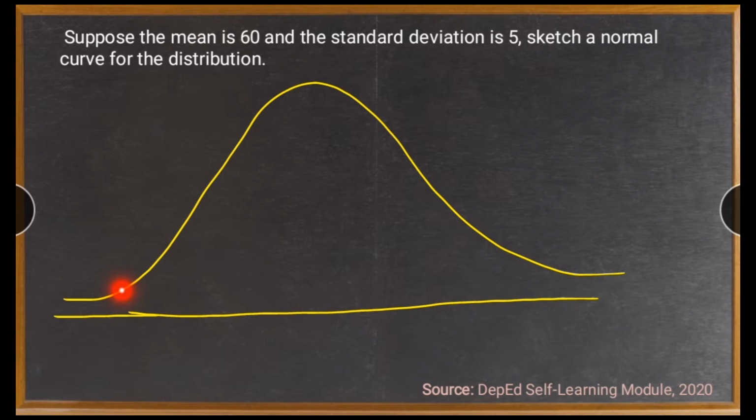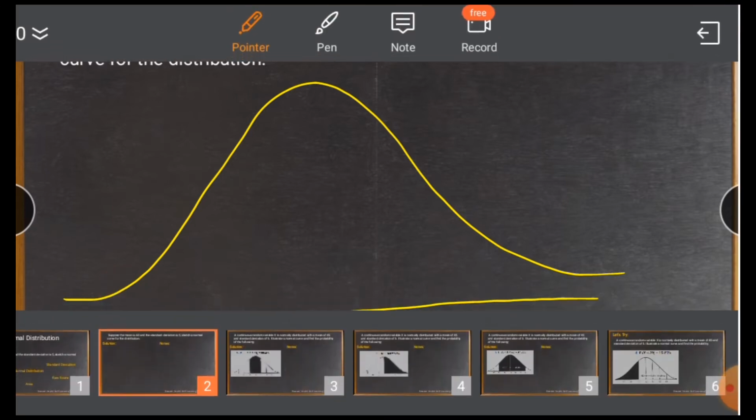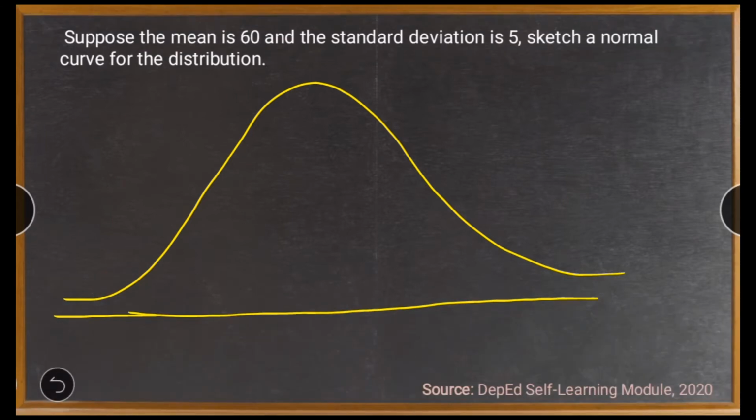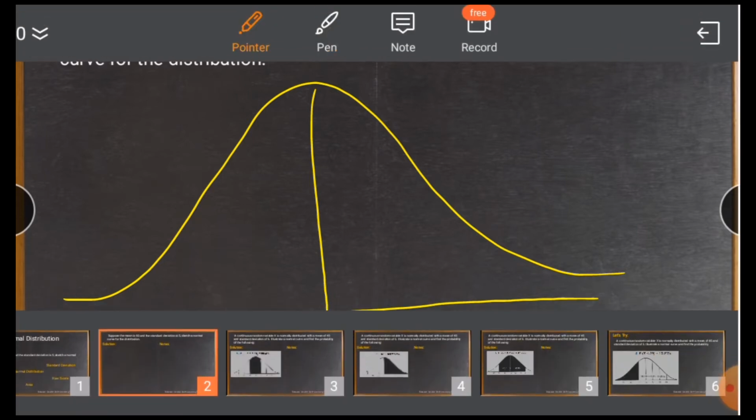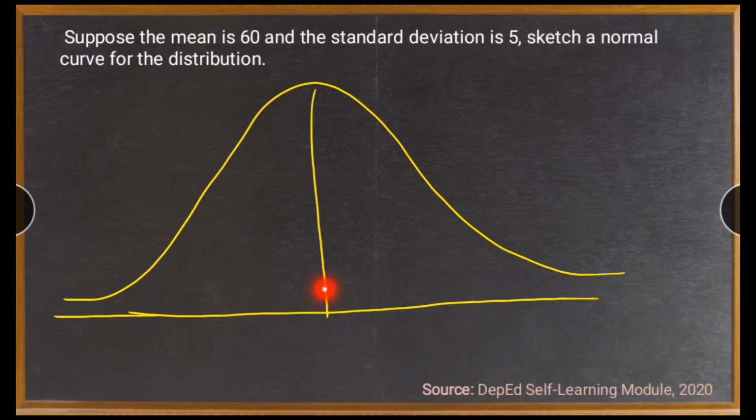The mean is equal to the median is equal to the mode in a normal curve. It is symmetrical about its mean, meaning half of it is a reflection of the other. Just a sort of review.